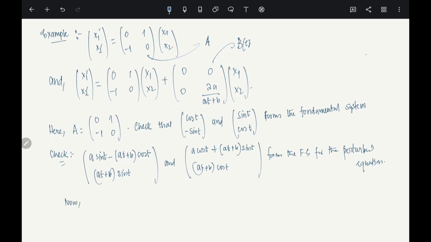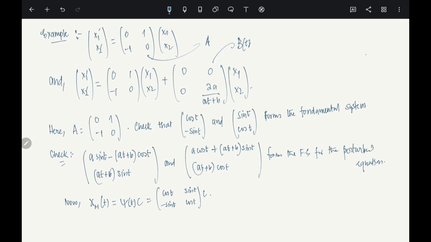Now, what is the homogeneous problem, x_h of t? How does it look? Any solution will look like phi of t times a constant matrix c. What is phi? Phi is nothing but [cosine t, sine t; minus sine t, cosine t], times c. Is this okay? Please look at this.